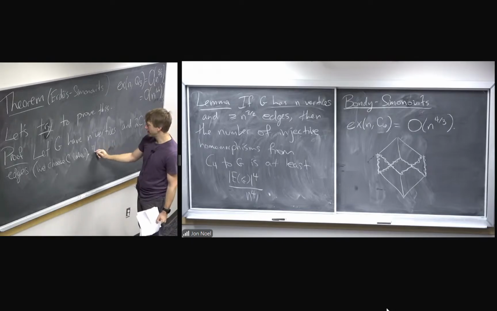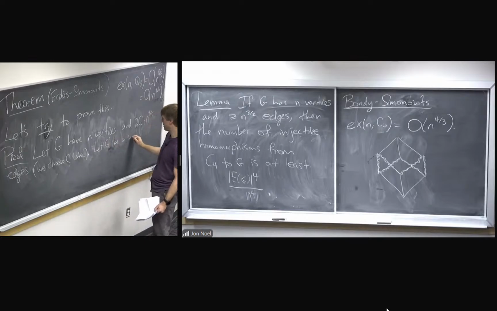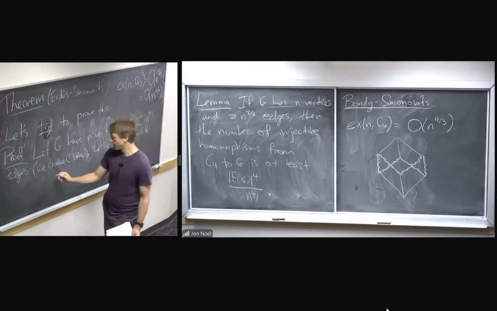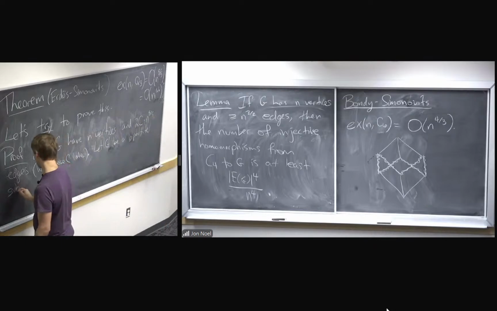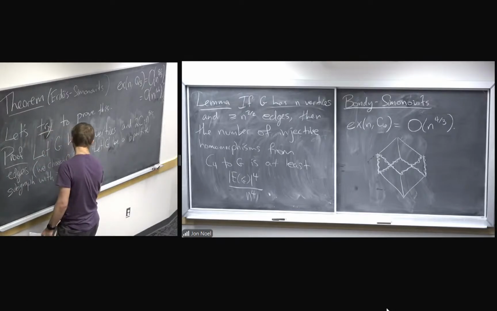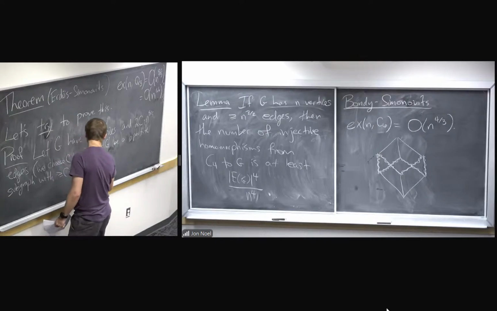So let G prime be a bipartite subgraph with at least half as many edges, so at least c times n to the 8 over 5 edges.